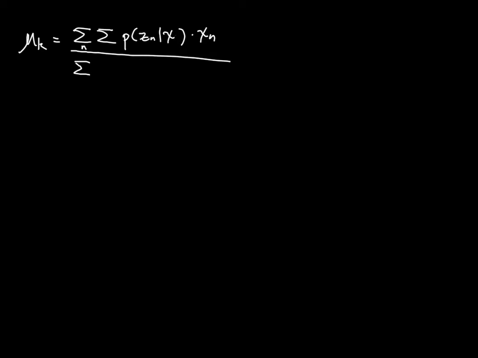Oh actually this is zk, that's xn. zk, xn, and for a specific k we don't need the second summation.